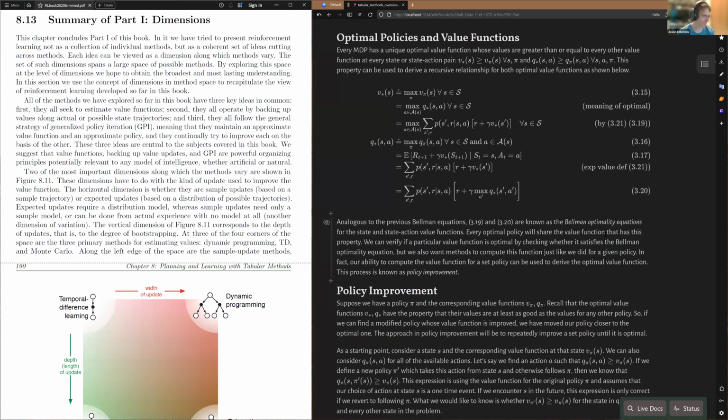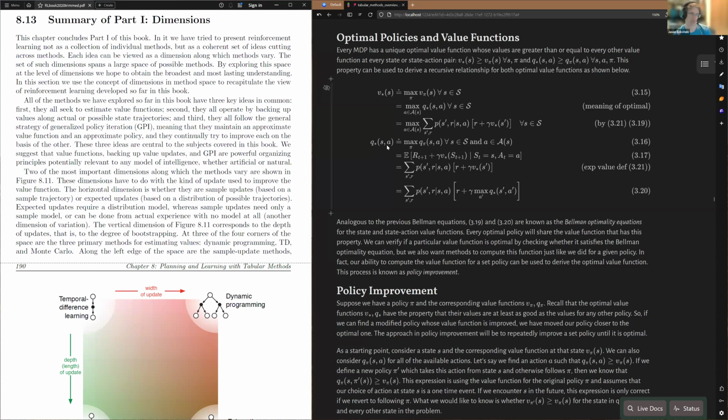I'm not proving it here, but the difference between these and the other Bellman equations is that there's no policy anymore. If you compare the two equations, this max operator replaces the policy completely. In the previous section, this was a sum over the policy distribution, and now we're replacing it with the max.